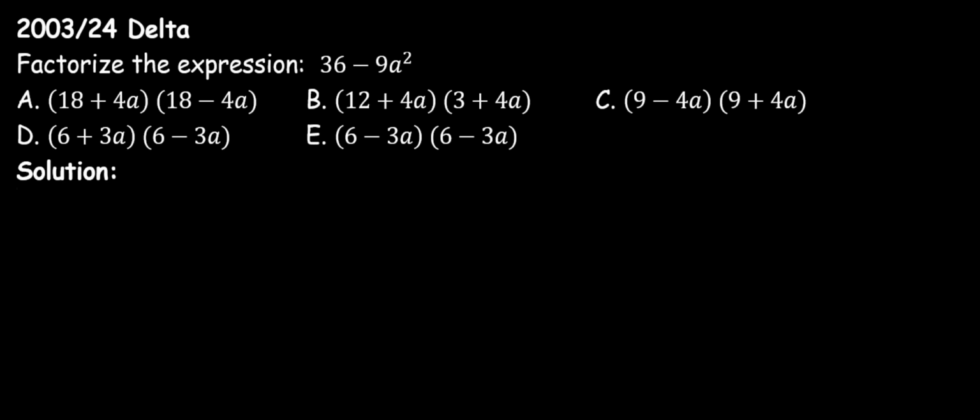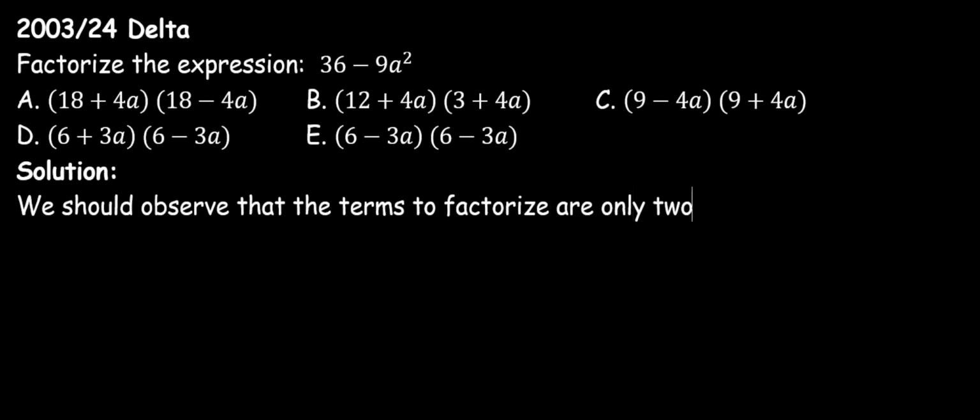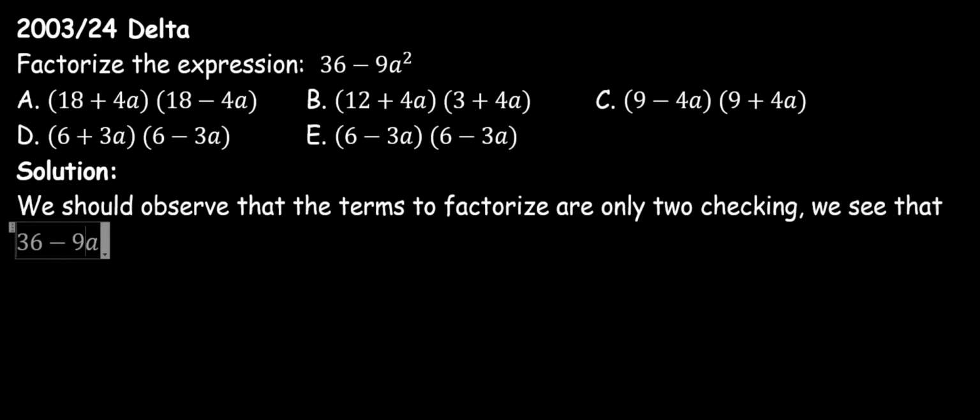Solution. We should observe that the terms to factorize are 2. Checking, we see that 36 minus 9a squared is the same as 6 squared minus 3 squared a squared, which is the same as 6 squared minus (3a) squared.